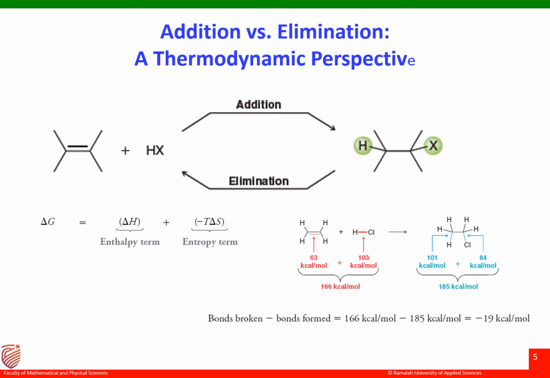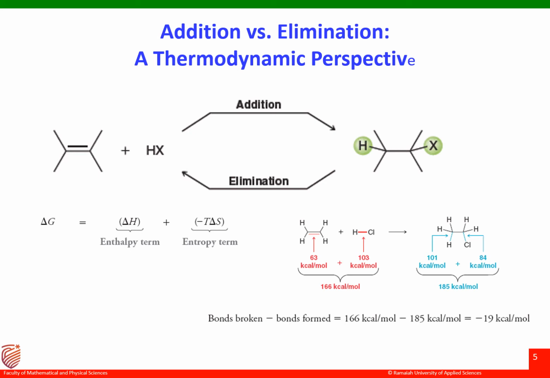Now let us consider the terms individually. Begin with the enthalpy term, delta H. Many factors contribute to its sign and magnitude, but the dominant factor is generally bond strength. If we compare the bond strength here, the reactant has a pi bond and a sigma bond, which are broken down to form two new sigma bonds.